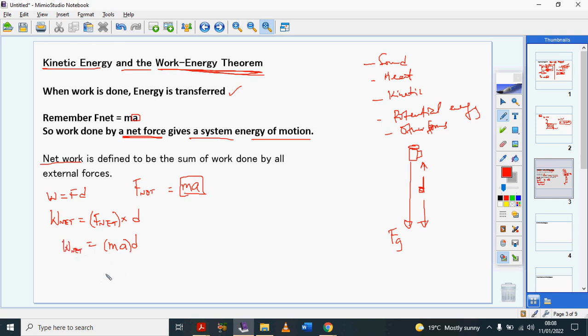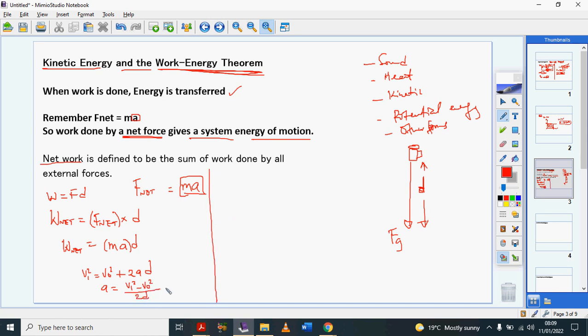I hope you remember from one of the equations of motion that v1 squared is equal to v naught squared plus 2 times acceleration times displacement. It's supposed to be displacement delta x, but since we're using d here, I'm just going to put displacement here. If I try to make acceleration the subject from this formula, my acceleration will be v1 squared minus v naught squared divided by 2d.